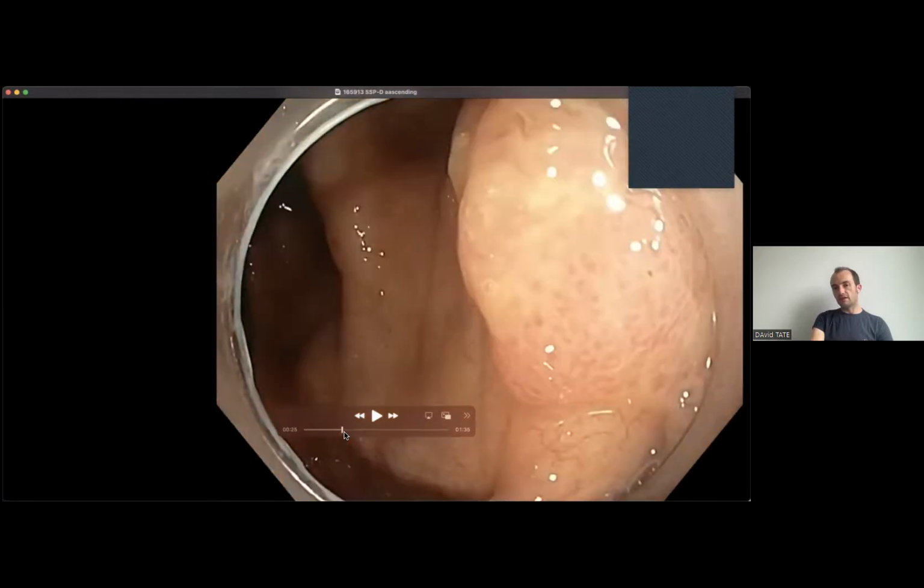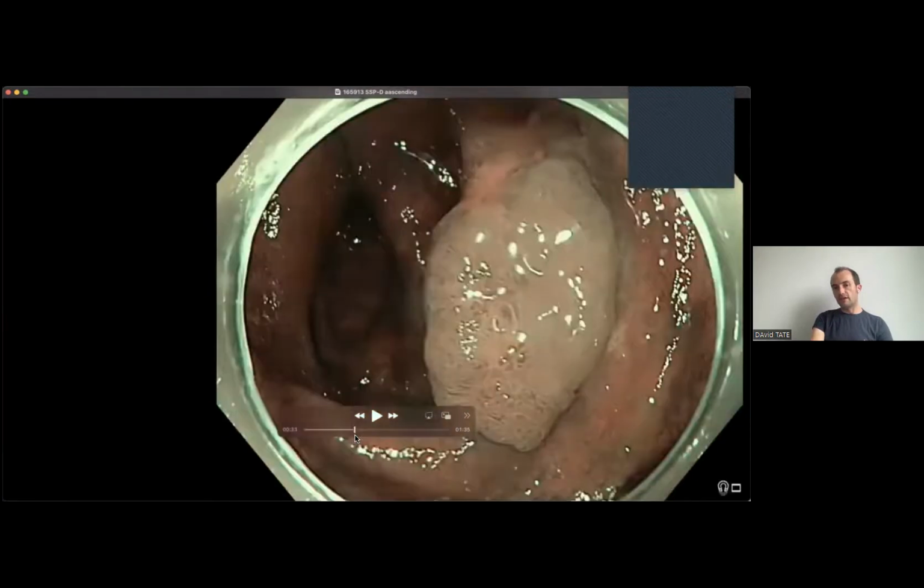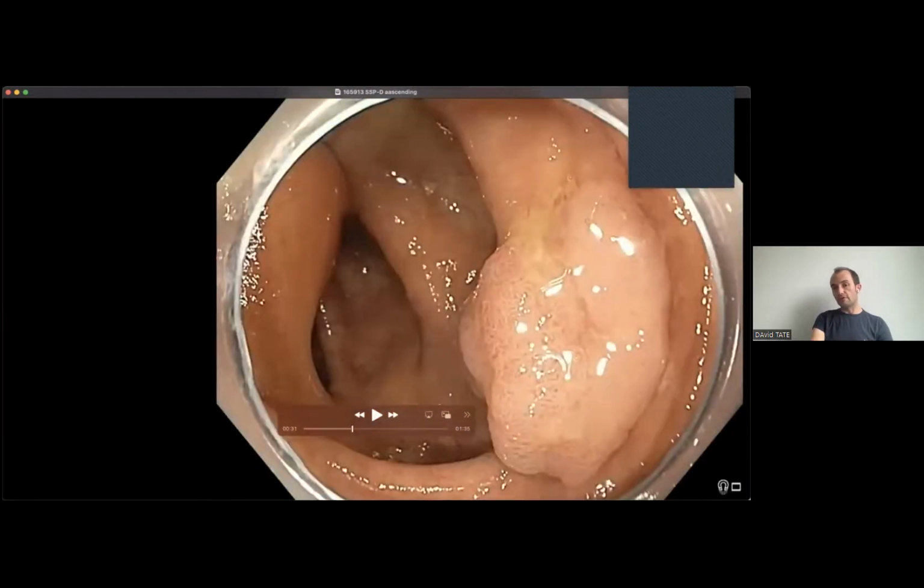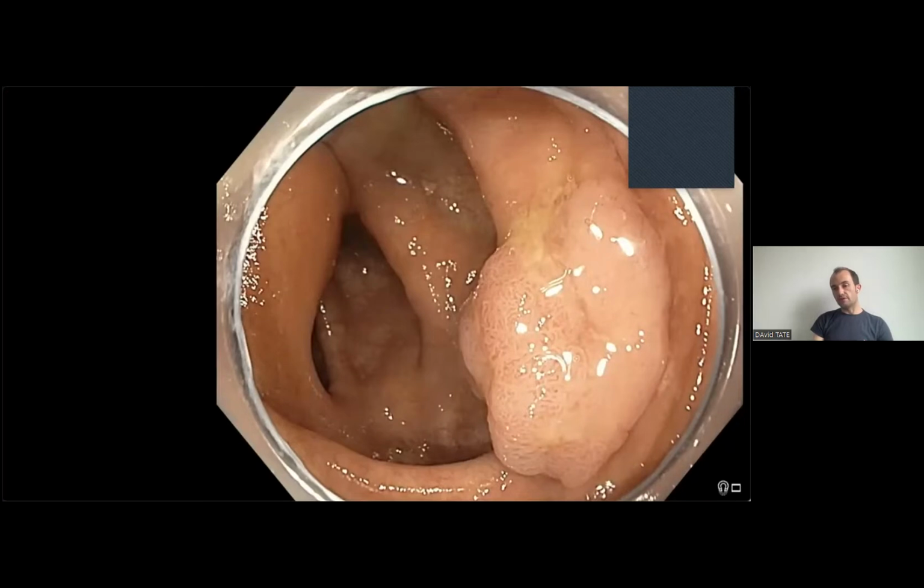The WASP classification from Evelyn Dekker's group in Amsterdam sought to describe serrated polyps in detail, and I recommend it to you, but it essentially says difficult to determine margins, lighter than the background, and cloud-like structure with lacy capillaries on the surface. And you can see all those features here.